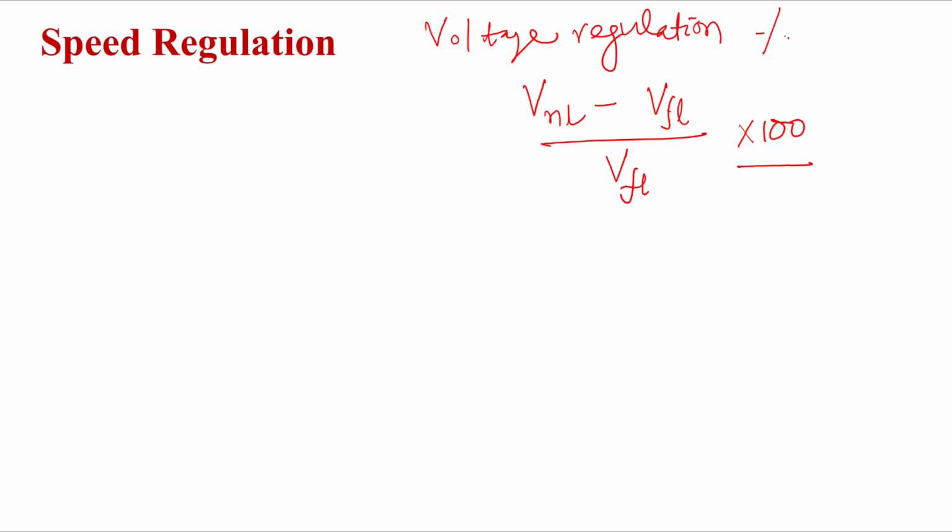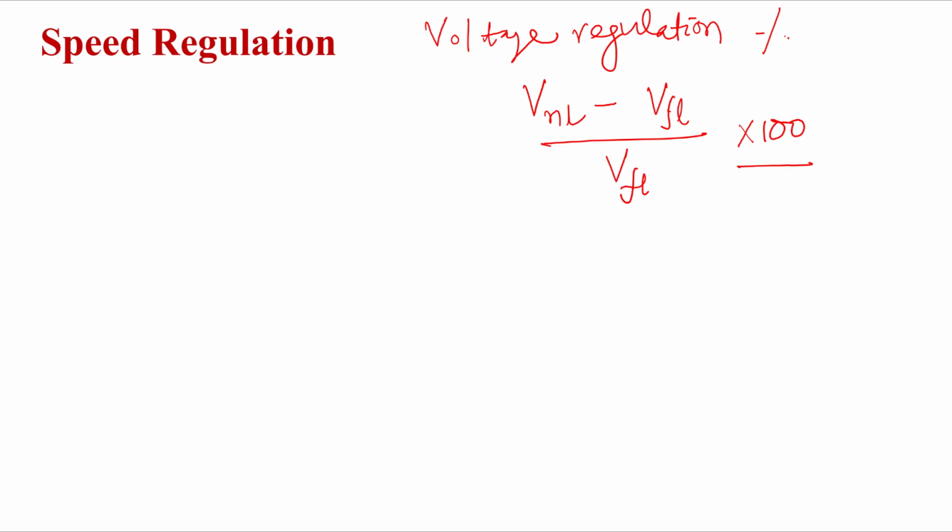Similarly, for the motor we need a terminal parameter by which we can check the performance of the motor. Of course, efficiency is one parameter to check the performance for the motor as well as the generator. But except for the efficiency, there are two other parameters. In case of a generator, we call it voltage regulation because voltage is the terminal parameter for the generator.